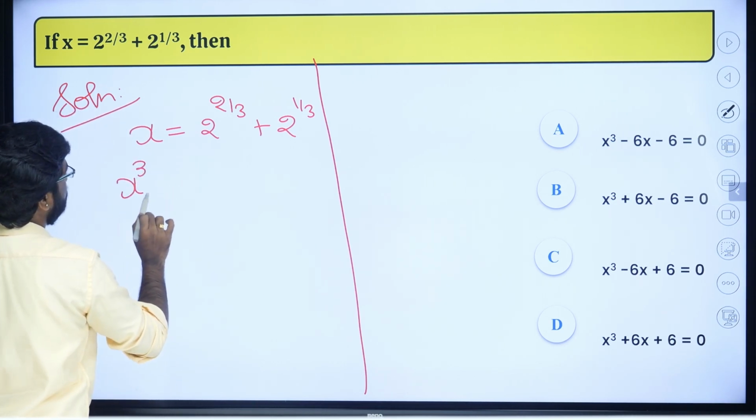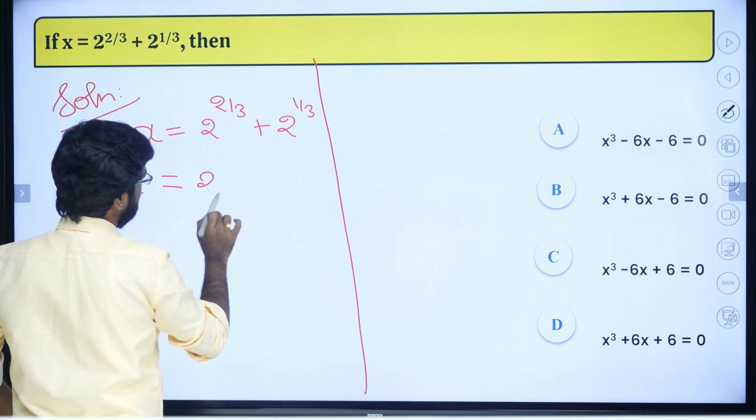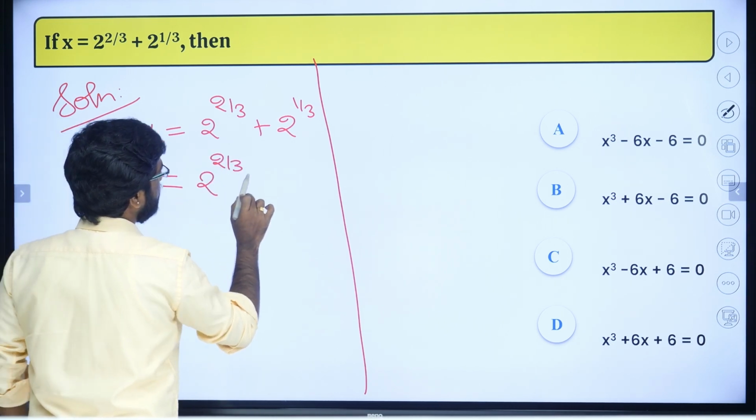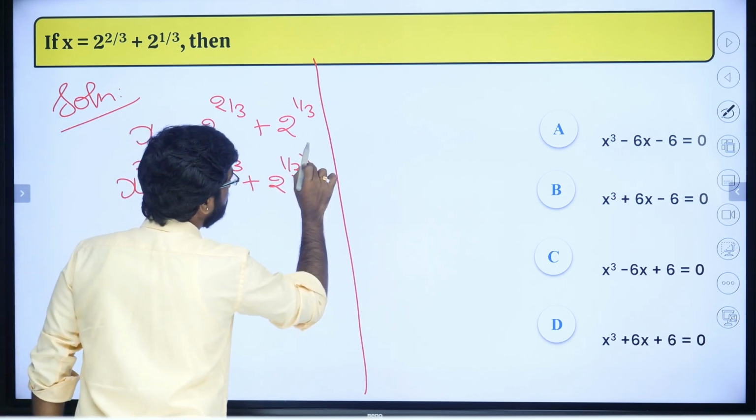x cube on the left alone, and on the right, 2 power 2 by 3 plus 2 power 1 by 3 whole cube.